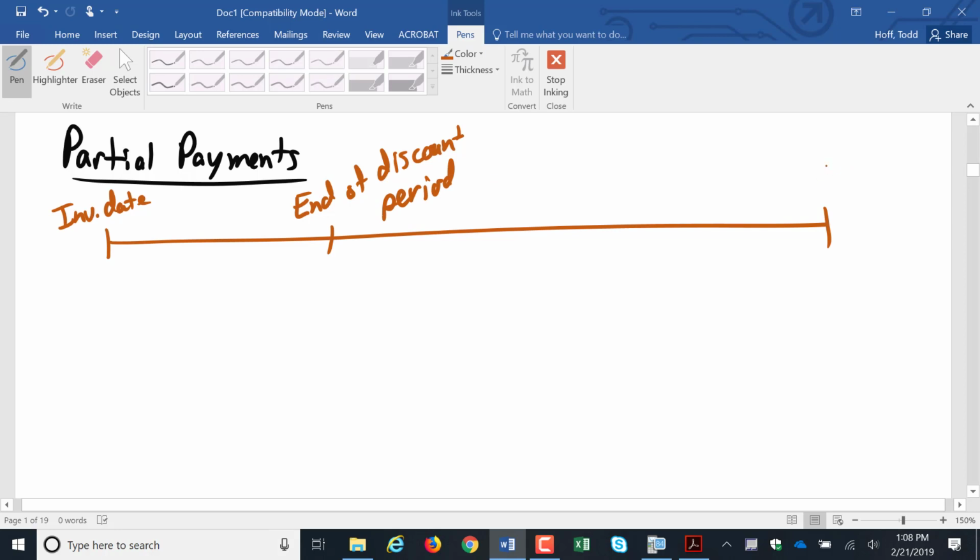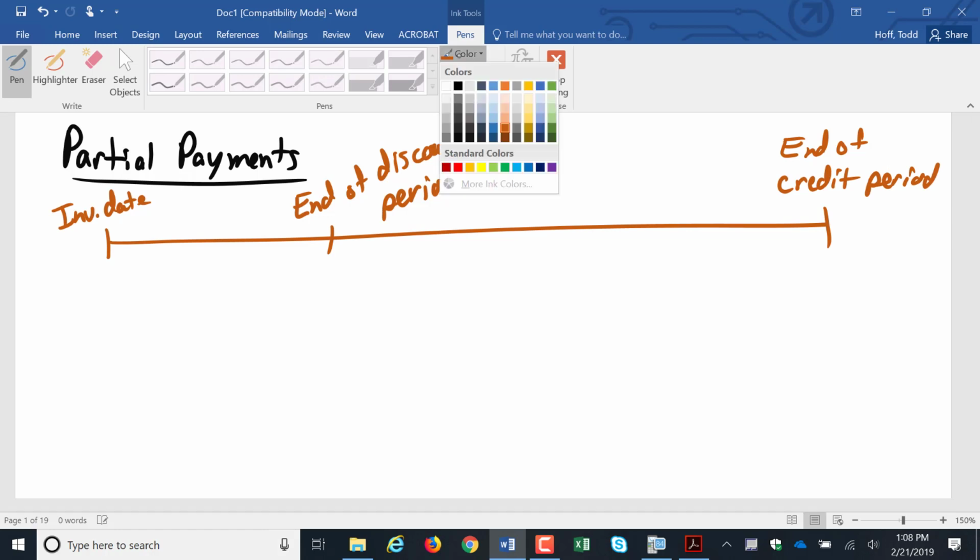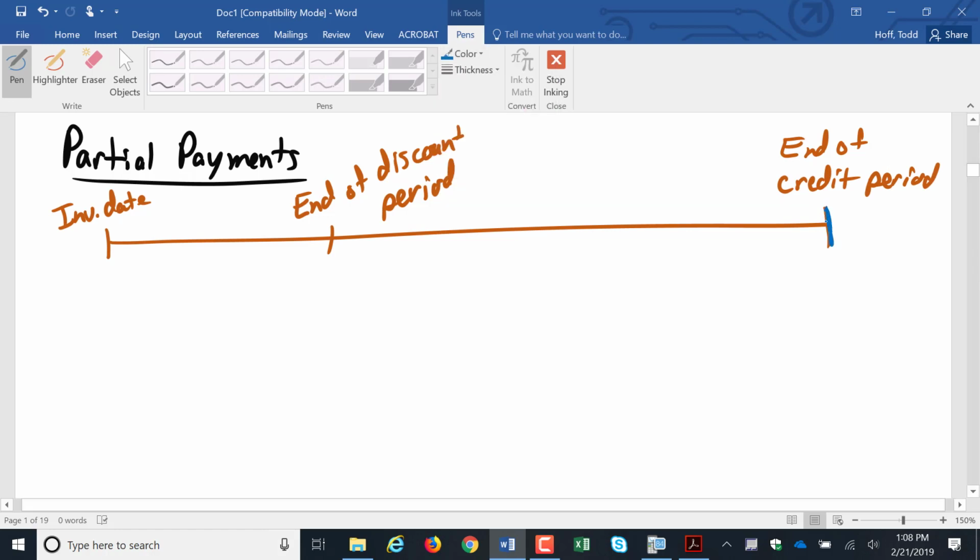And further in the future, at some point, we have the end of a credit period. That end of the credit period, that is the time that they have to have their bill paid in full or they start getting charged penalties.